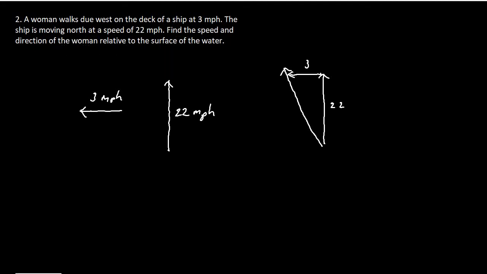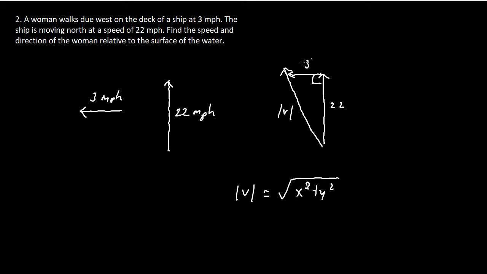So since we're going to try to find speed, I'll just call it the magnitude of the velocity, since the magnitude of velocity is another word for speed. Now remember, in order to find that, this is a right triangle, so we can just use the Pythagorean theorem. So the magnitude of the velocity is going to equal the square root of x squared plus y squared.